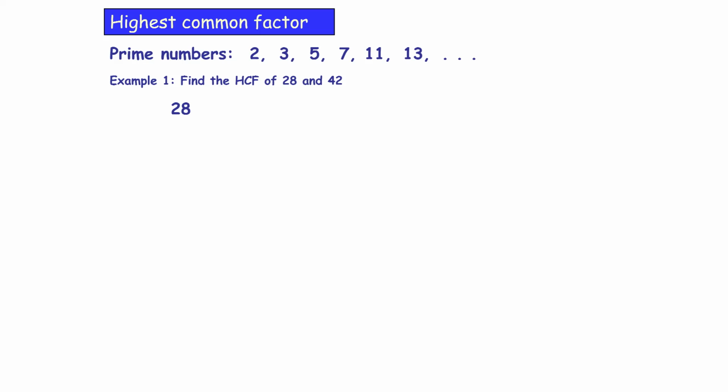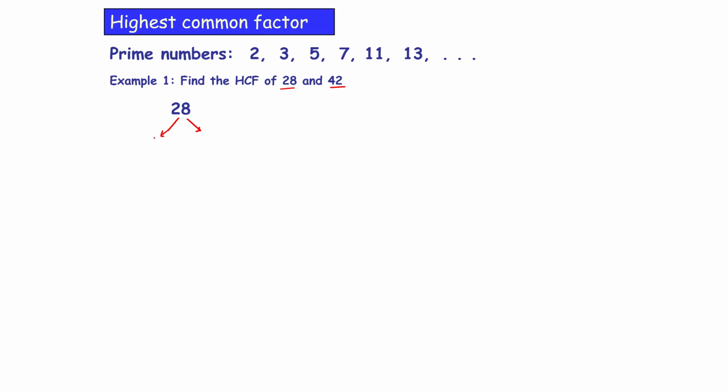Okay, so this is our first example. Find the highest common factor of 28 and 42. So same as yesterday, first we've got to do our tree. Okay, so our factor tree, and we look at what numbers go into 28 and 42.